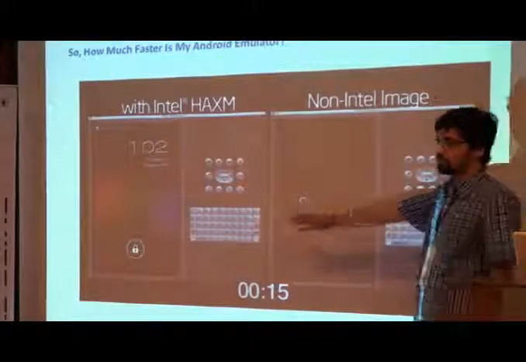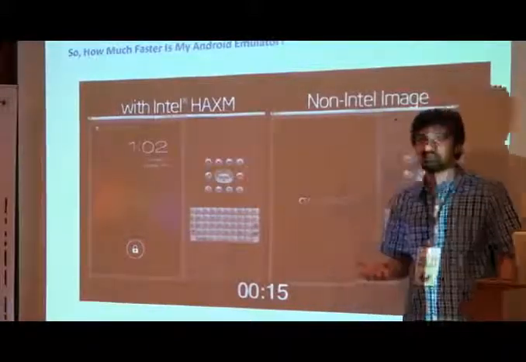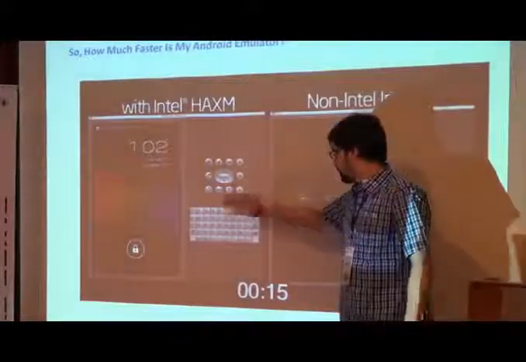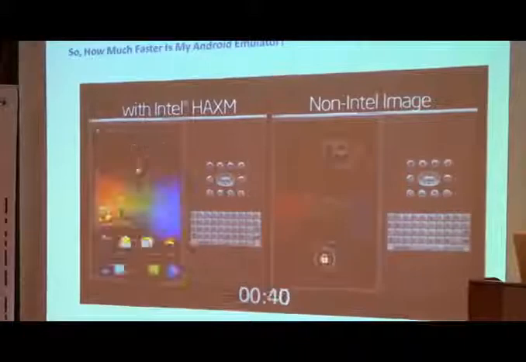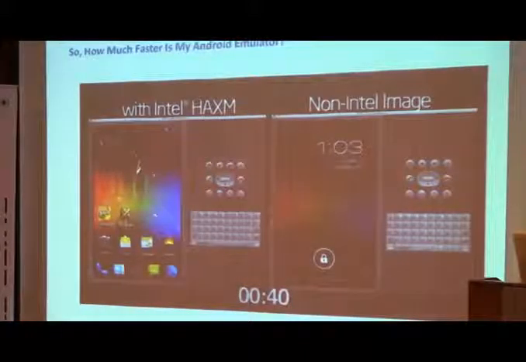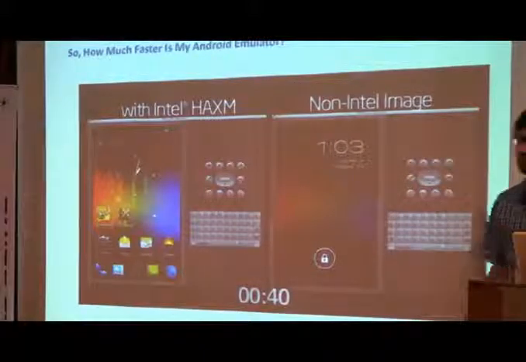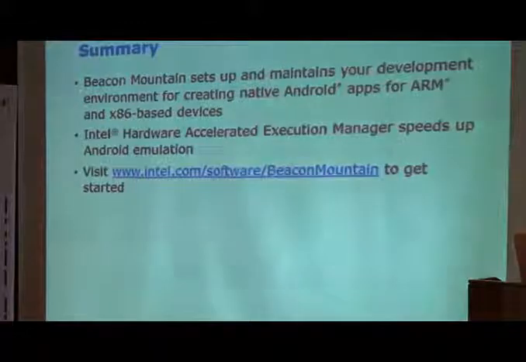You already have the lock screen, which you can just unlock and you will see the features within. You'll be able to explore the emulator, while on the other side it's still booting. It's still in the process. At 0.40 is the time it's loaded, whereas on the other side you have actually started exploring the emulator. So that's where the difference is.